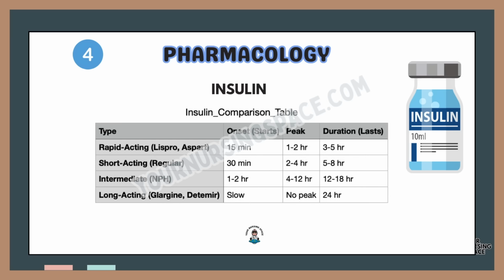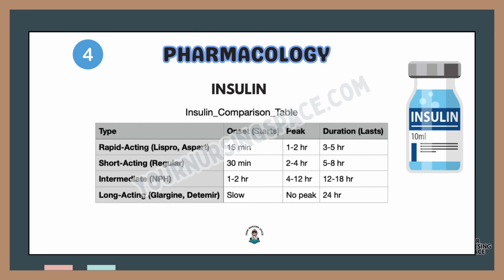Moving along, let's talk intermediate-acting insulin, NPH, which sounds fancy because it's neutral protamine Hagedorn, but it's just a middle-of-the-road guy starting in 1 to 2 hours, peaking between 4 and 12 hours, and sticking around for 12 to 18 hours. You'd use this twice a day to keep sugar steady between meals or overnight, like a trusty babysitter watching the levels while you're off duty.